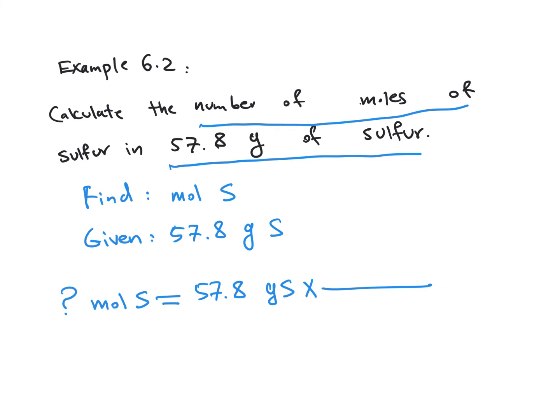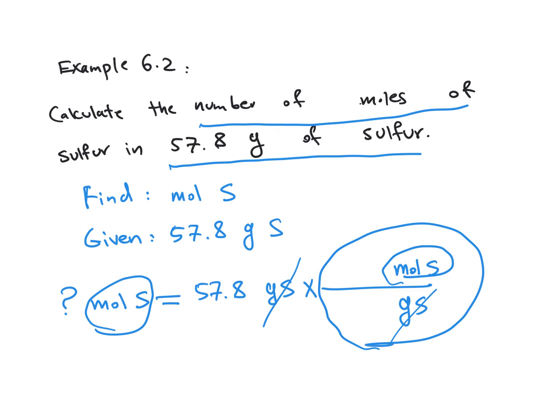Exactly. So you want gram to cancel out, right? And the only way that it can cancel out is if it's in the denominator. And then you have moles in the numerator, and this is the thing that you want to find. And what is this number? We just learned.